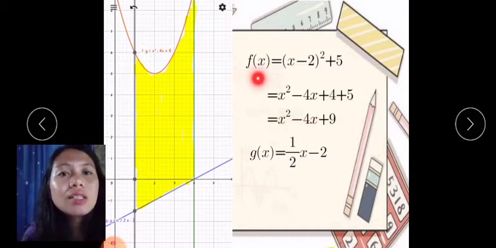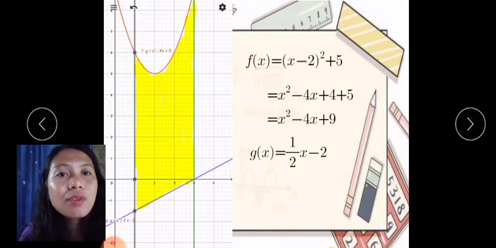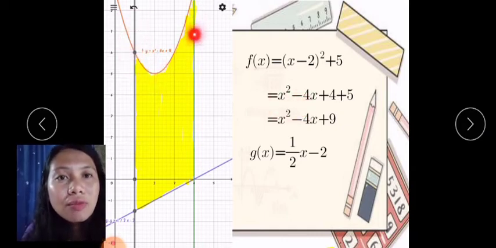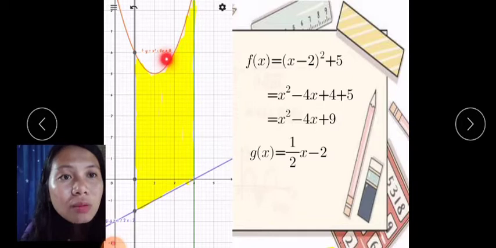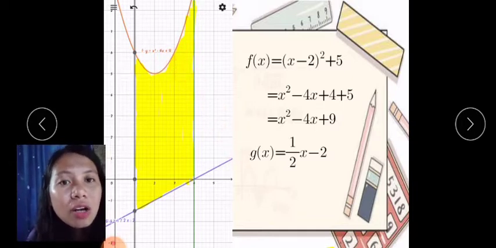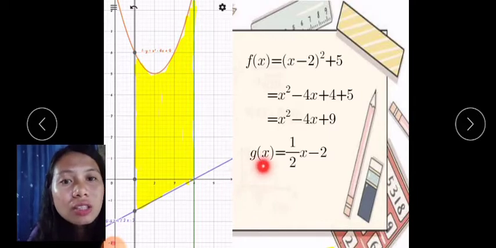So this is our f(x), the top function. As we can see in the graph here, this is the top function, which is f(x). And our bottom function, which is g(x), is equal to 1/2 x - 2.